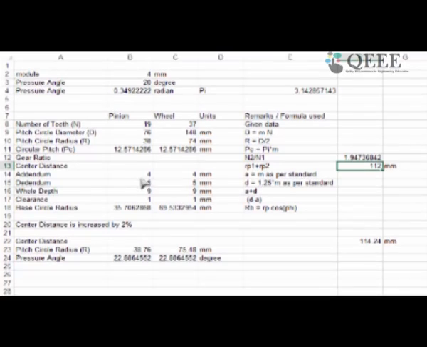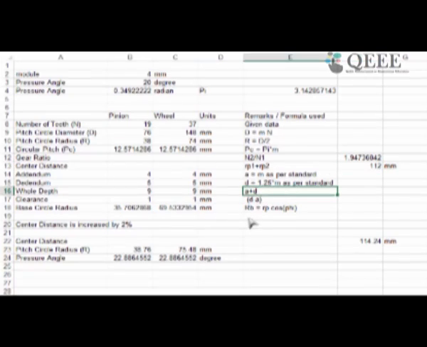And now for the other geometries, addendum is equal to 1 module as per the SI standard. So therefore it becomes 4. Dedendum is supposed to be 1.25 module as per the standard. So that becomes 5, and the whole depth, the addendum plus dedendum taken together, is therefore 9 for both the pinion and the wheel. The clearance, which is dedendum minus addendum, in this case is 1 again.